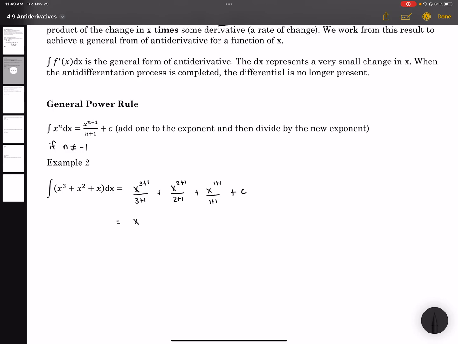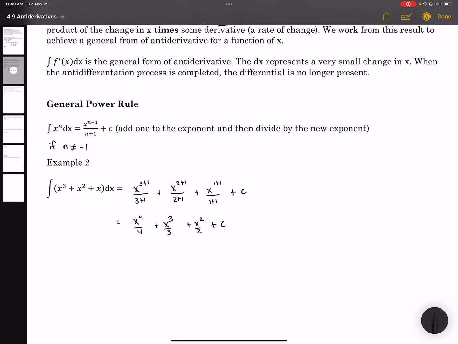So that's going to be x to the 4th over 4 plus x cubed over 3 plus x squared over 2 plus c. So again, all we're doing is reversing the process of differentiation. From this function, if we found its derivative, we should get what we started with.